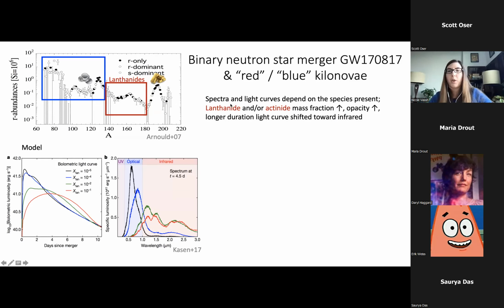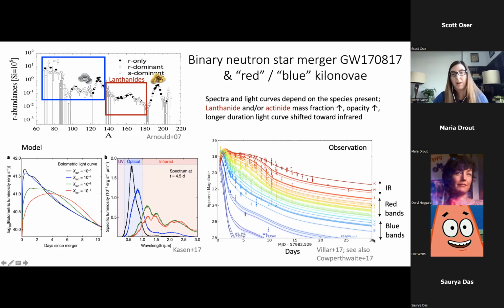So what was seen was the light curve, of course, and the argument is that if you have lanthanides or actinides present, you have an opacity that increases, so you have a longer duration light curve shifted towards the infrared. You can see this explicitly in this model here by Dan Kasen, where as he increases the number of lanthanides here, the light curve shifts and it moves towards the infrared.